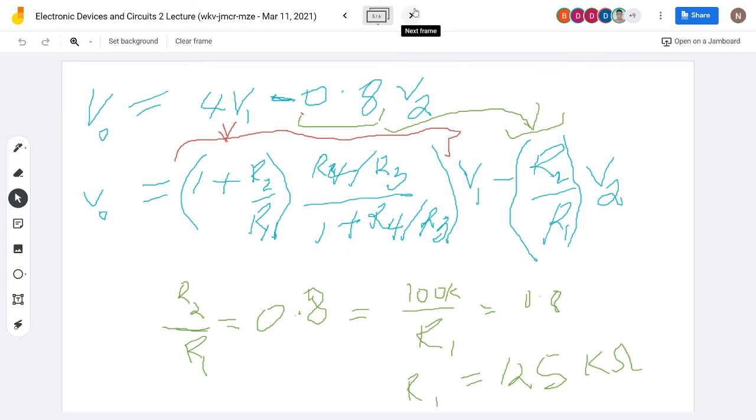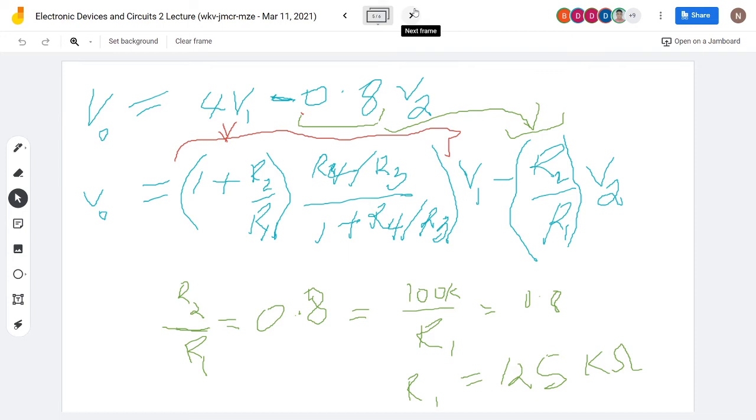Now, if that's the case, we can find this portion because we know R1, we know R2, we know R4. So what we need to do is equate all of this to equal 4. So new page.